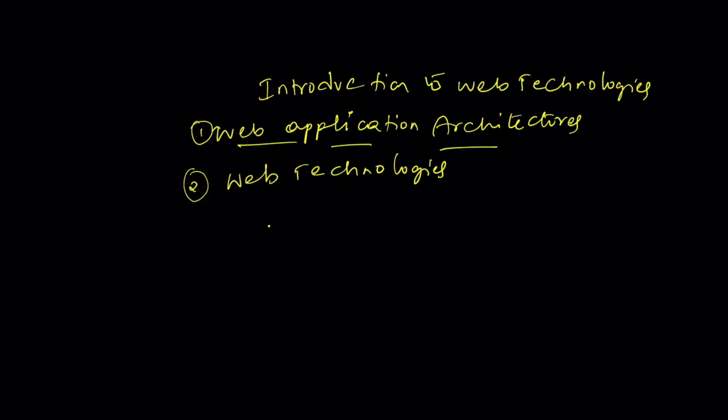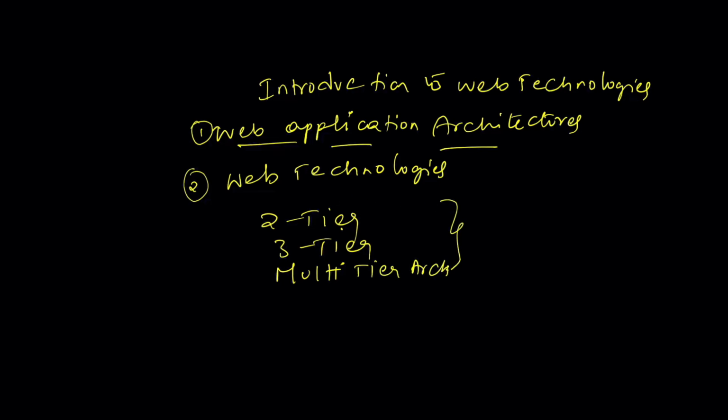Generally, web application architectures are two-tier architecture, three-tier architecture, and multi-tier architecture. Three types of architectures are available.